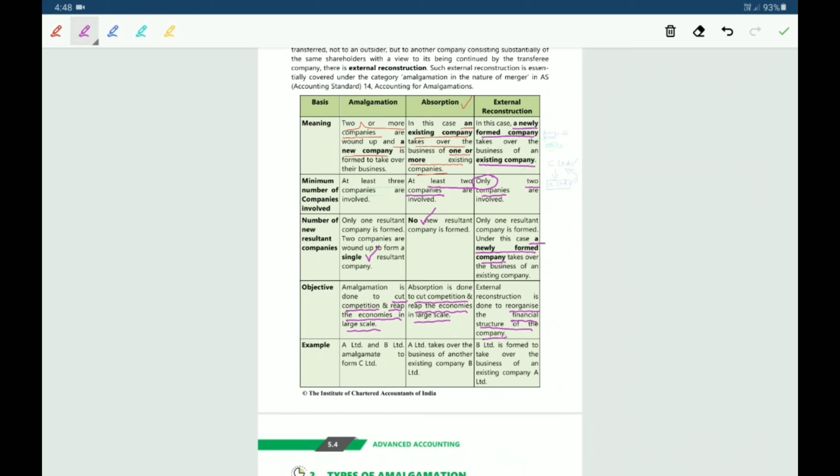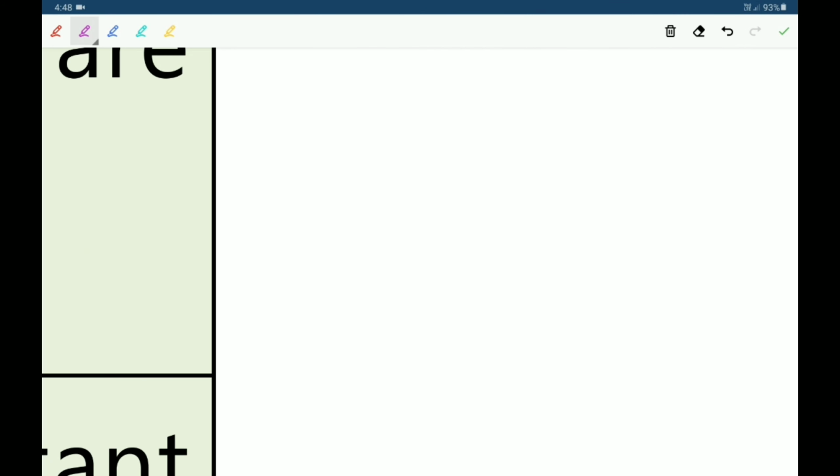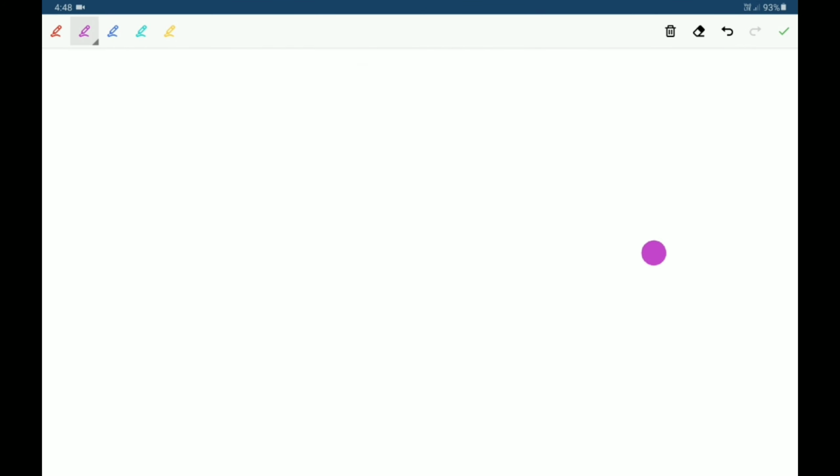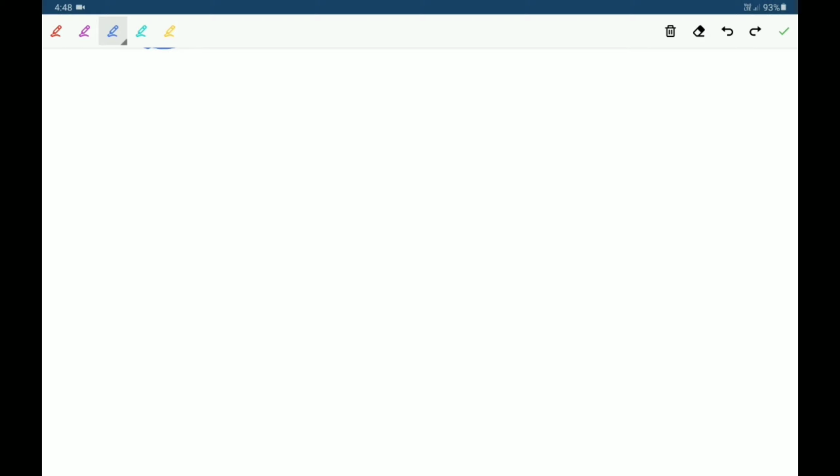Now we discuss the problem areas. This chapter has 3 parts. That means we discuss 3 concepts overall in the chapter.